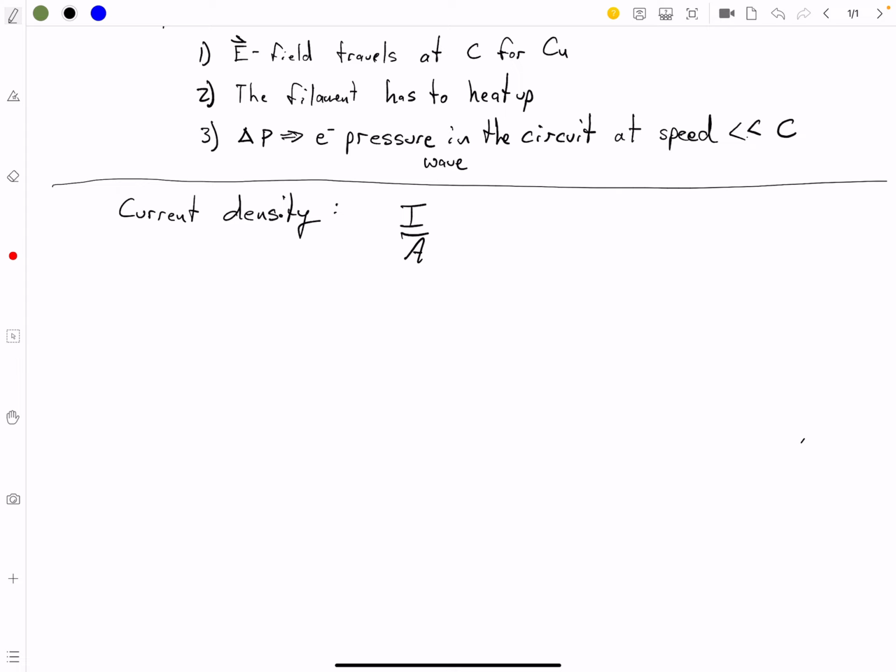That's our current density, and we give that the J moniker. What are the units of that? Well, it's pretty obvious. It would be amps per meter squared, SI.